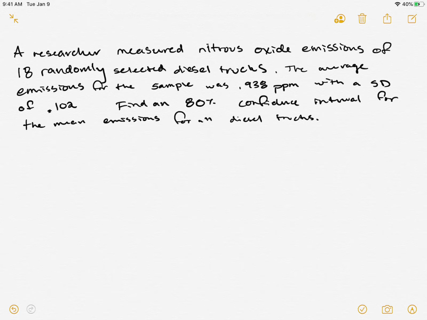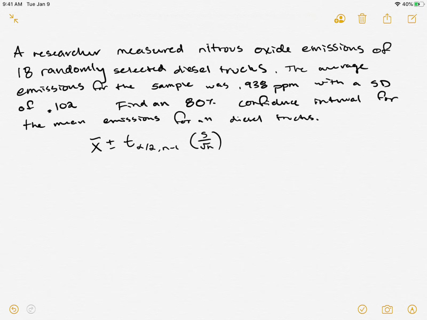For a confidence interval, we take our sample average, x bar, plus or minus our t critical value with degrees of freedom n minus 1, and then multiply that by our standard deviation over the square root of n.